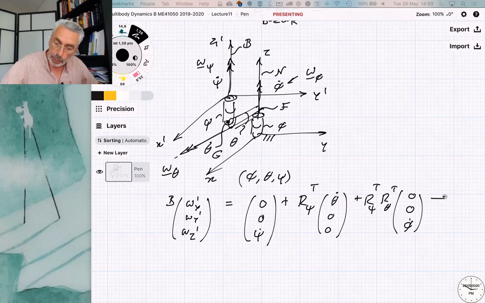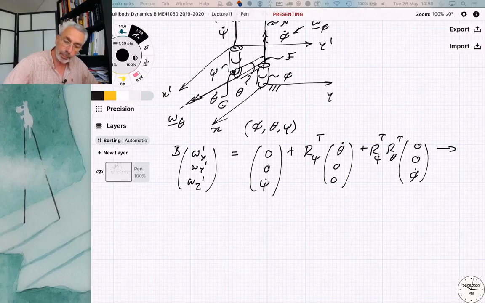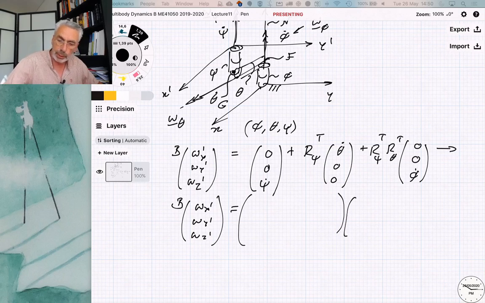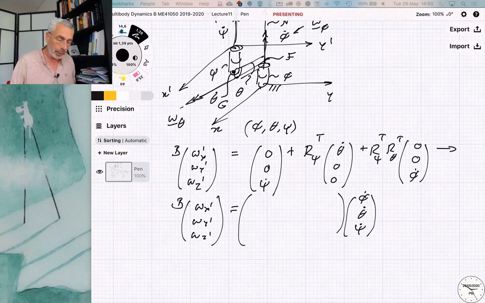Okay, if we then expand this, what do we get? Really in components and matrices, omega x prime, omega y prime, omega z prime, and on top of that I'm clear about which coordinate system. Again, we write these in the order of the angles. So again, note danger sign, not a vector, just a bunch of time derivatives of parameters.